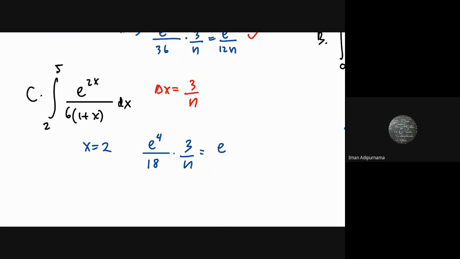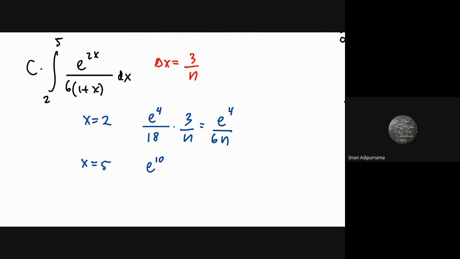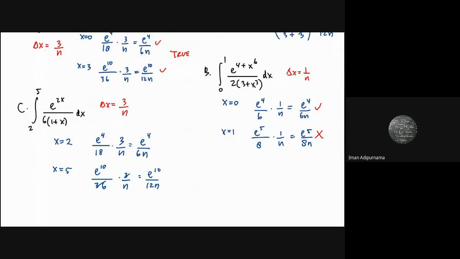This results in e to the 4 over 6n. And x equal 5 is e to the 10 over 36, times 3 over n. So we have e to the 10 over 12n. And it's true. This is the same statement, so this is true.